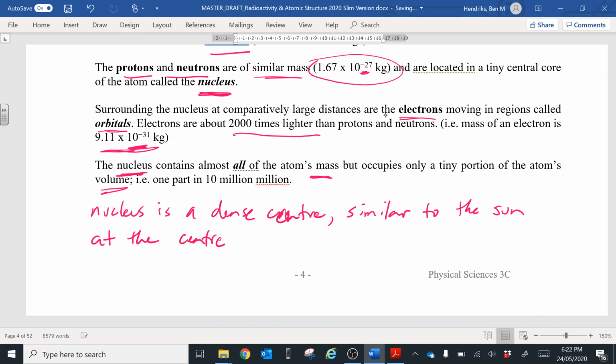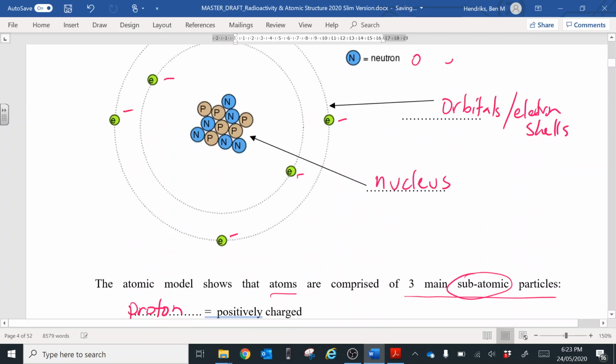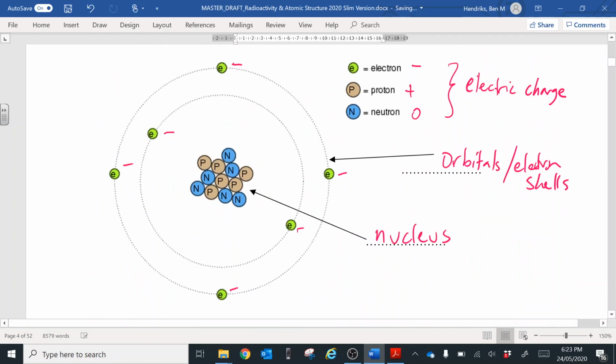So one way you can think about it is we have a dense center, called the nucleus, and then we have the electrons flying around like the planets fly around the sun. So it's one way to think of it, and it fits quite nicely with this model here.